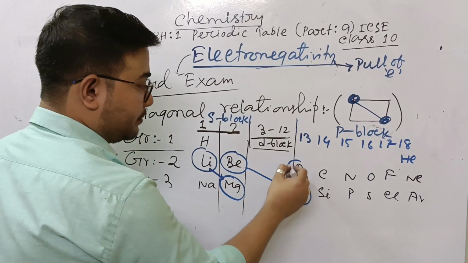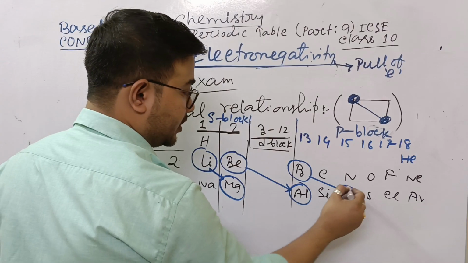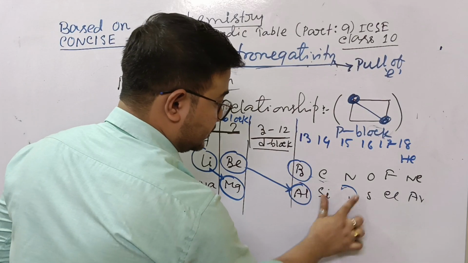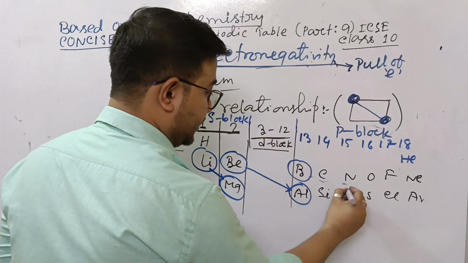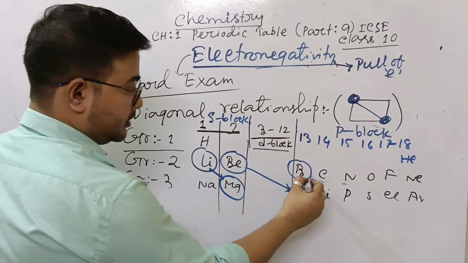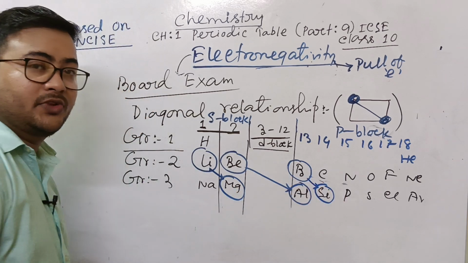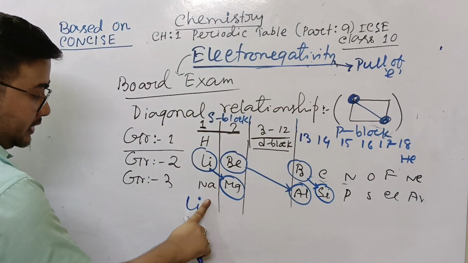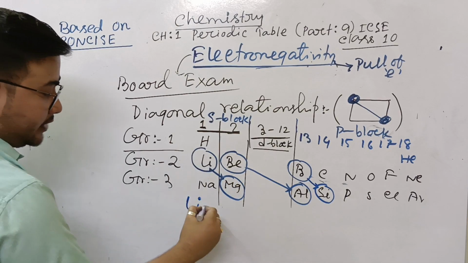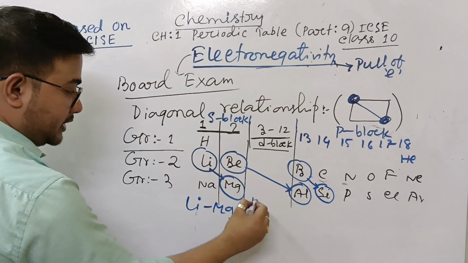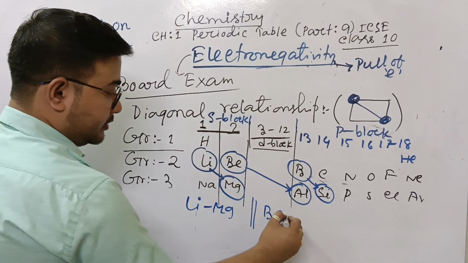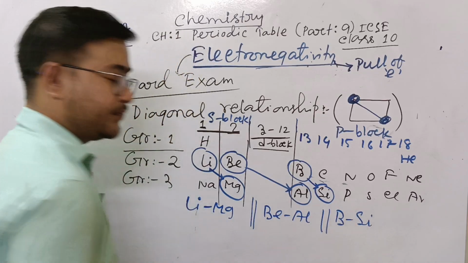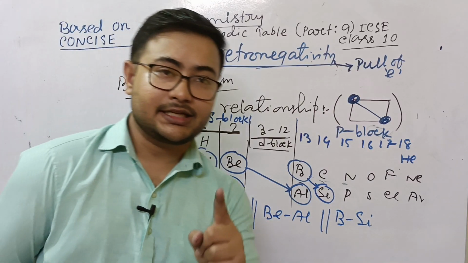If you start from boron and move diagonally, silicon will come. So lithium is diagonal with magnesium, beryllium with aluminium, and boron with silicon. This is the diagonal relationship.